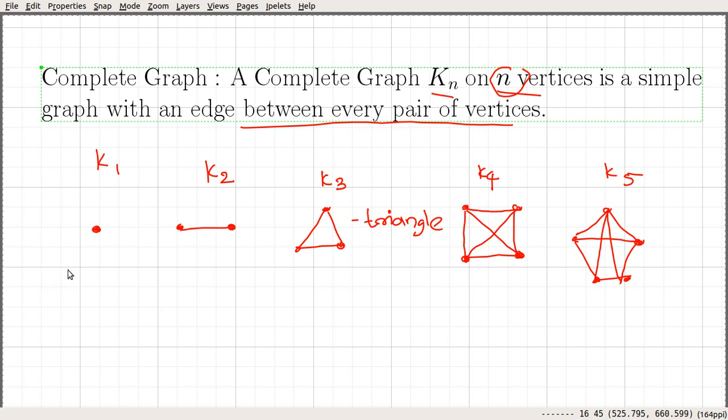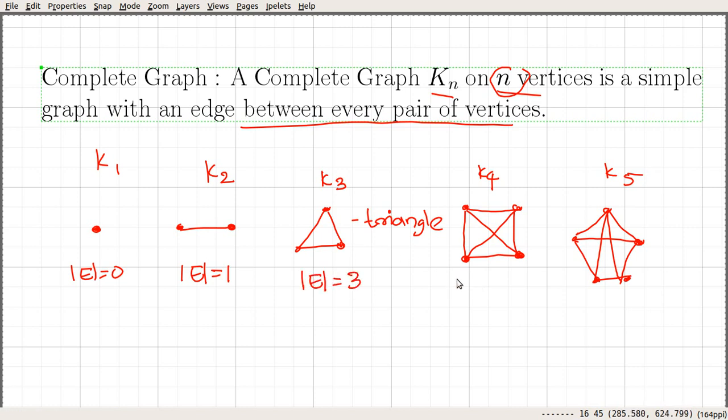Let's count the number of edges in each case. For K1, the number of edges is 0. For K2, the total number of edges is 1. For K3, the total number of edges is 3.